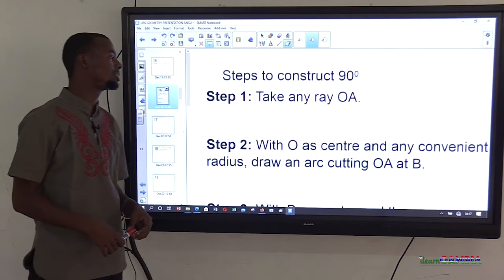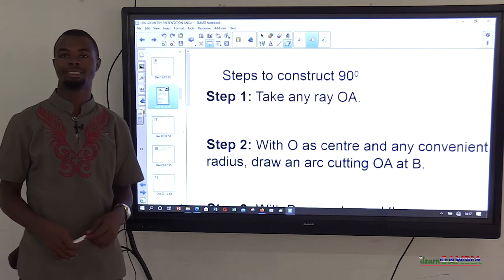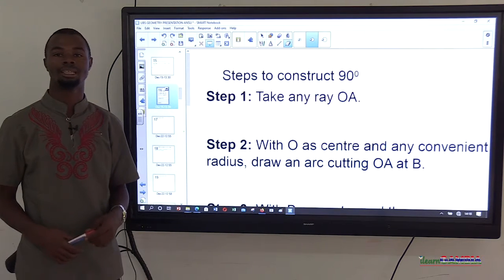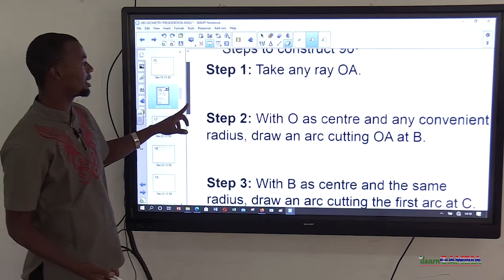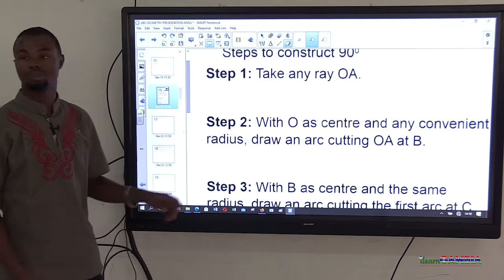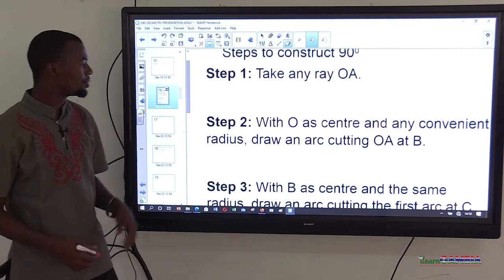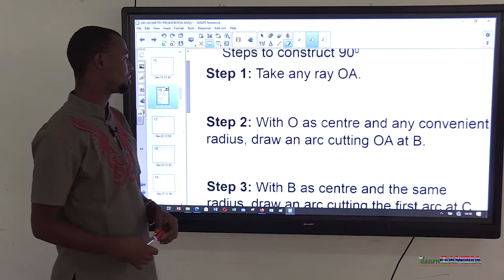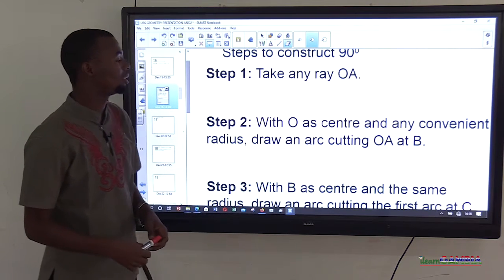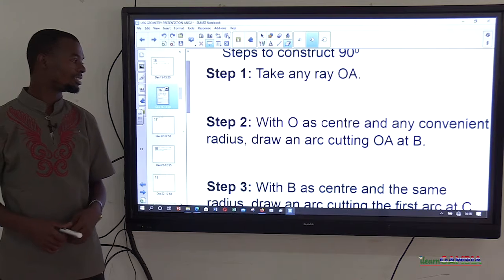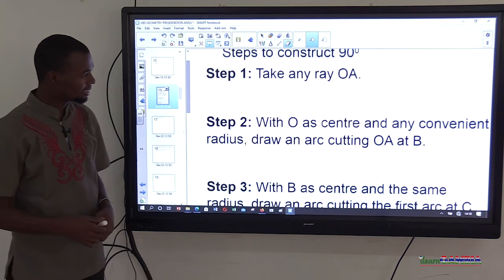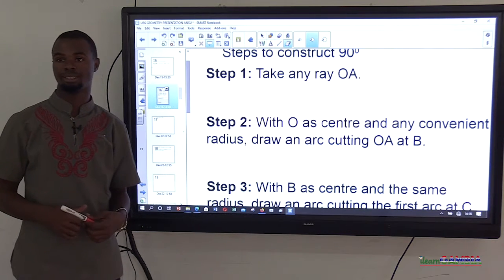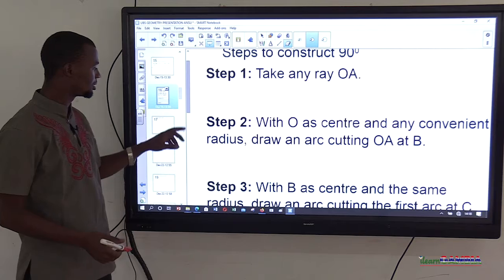Steps to construct 90 degrees. Take a ray OA. I explain what a ray is in the beginning of the lessons. So we take a ray OA, with O as the center and any convenient radius, draw an arc cutting OA at B. That's the second step.